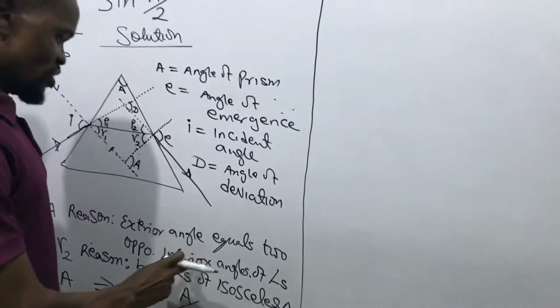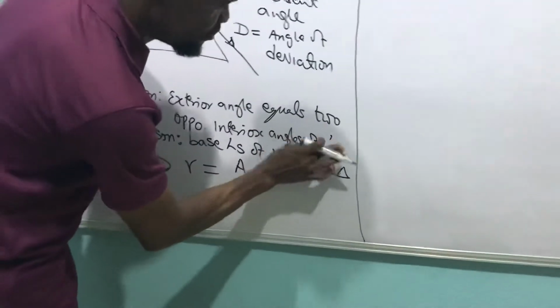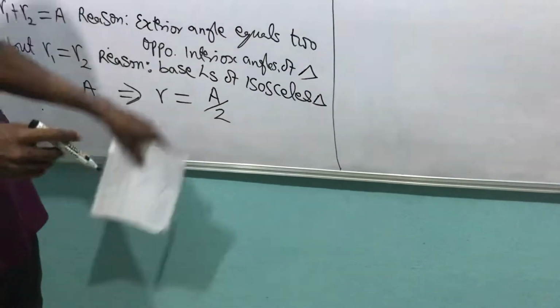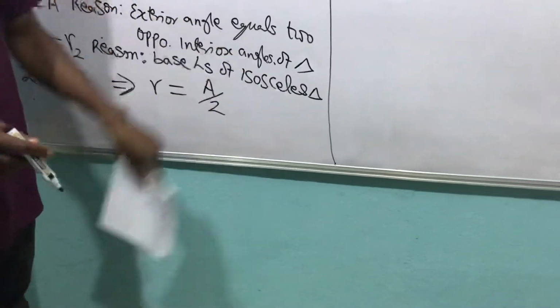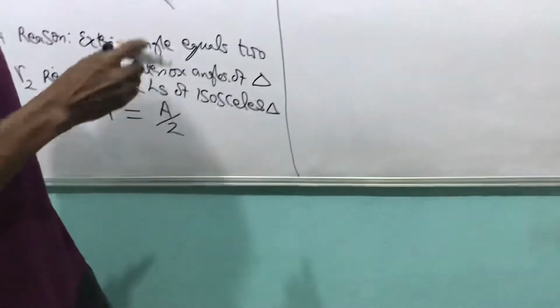Exterior angle equals the two opposite interior angles of a triangle. We have explained it over here. I just write the statement properly.